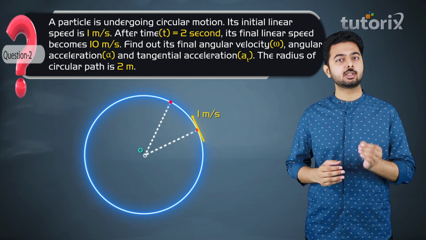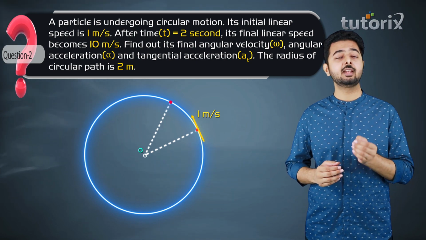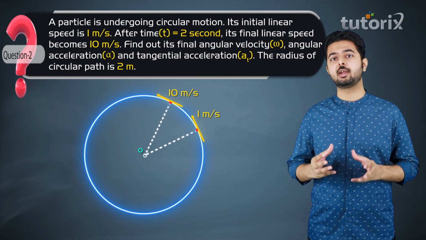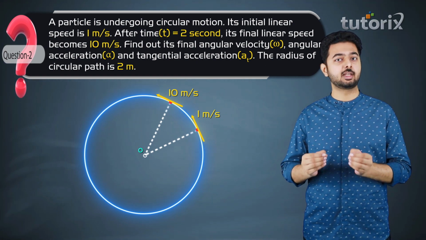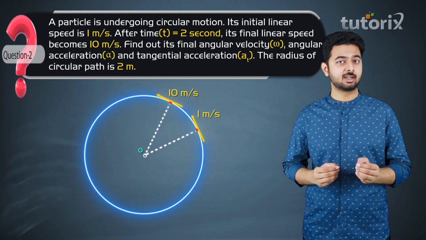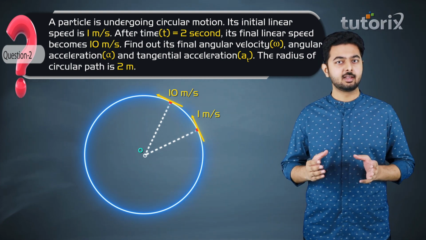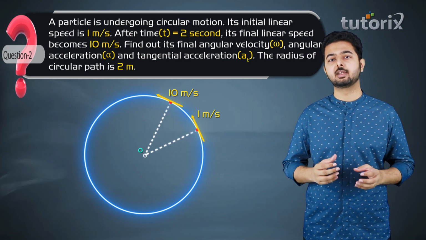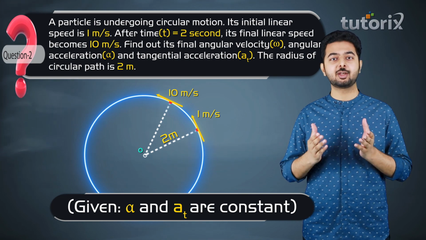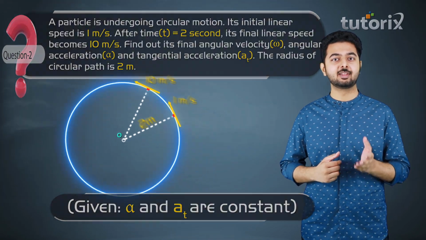After time t equals to 2 seconds, its final linear speed becomes 10 meters per second. So you have to find out the final angular velocity omega, angular acceleration alpha, and tangential acceleration at. It is given that the radius of the circular path is 2 meters and alpha and at are also given to be constant. So now let's begin with the solution.